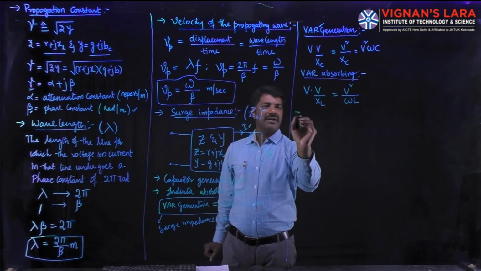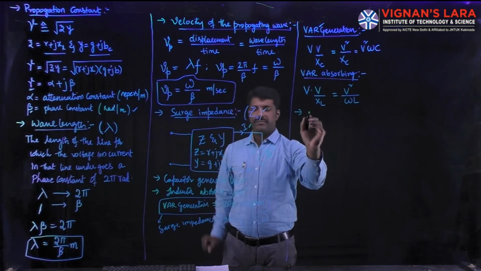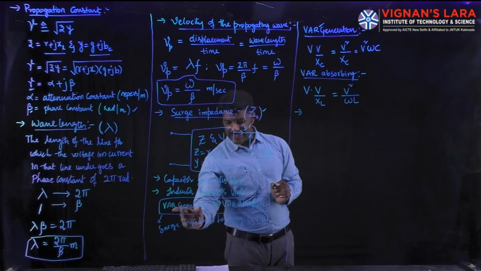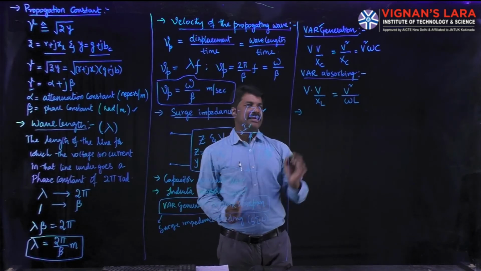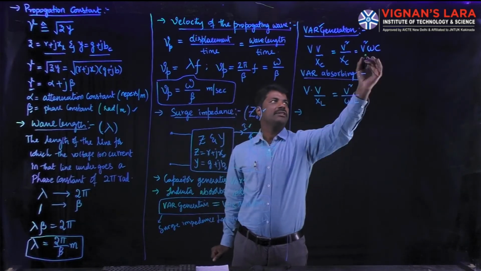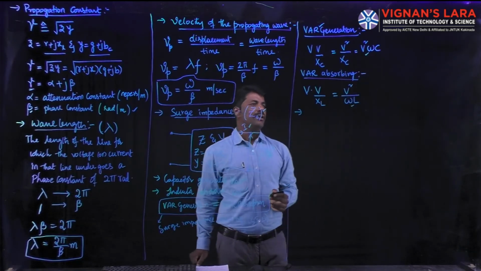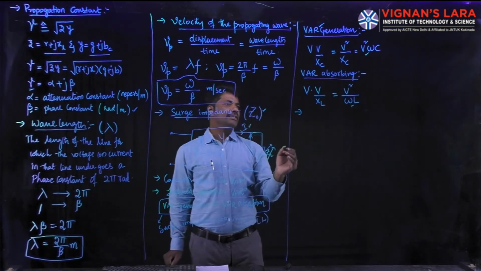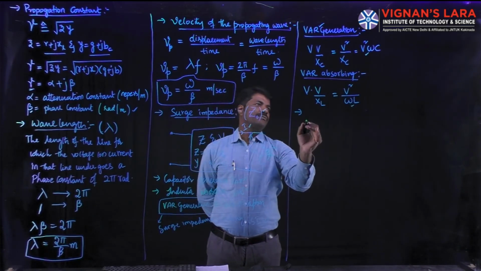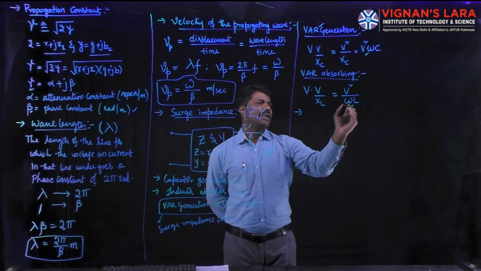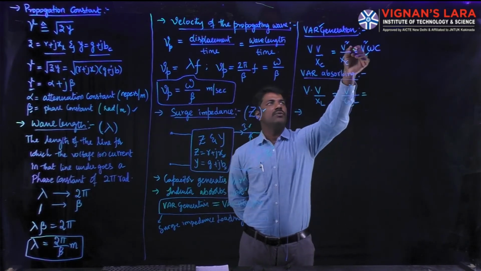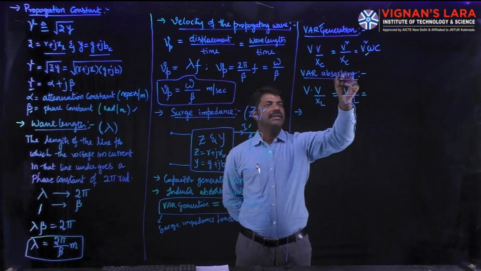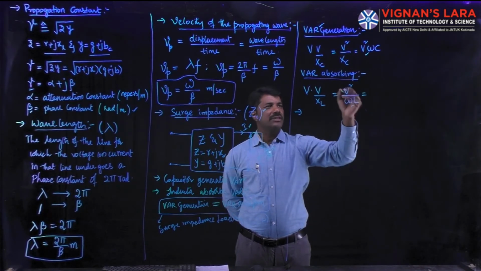Then as per our definition, the load at which VAR generation is equal to VAR absorption is called surge impedance loading. Then I can equate V square omega C and V square by omega L. In other words, we can write this in terms of current, because a capacitor always deals with voltage, electrostatics, whereas an inductor always deals with currents.